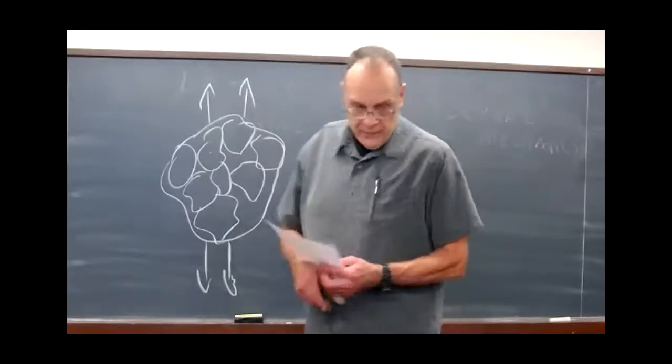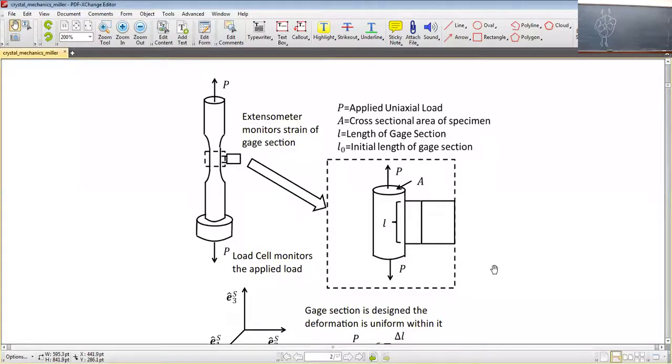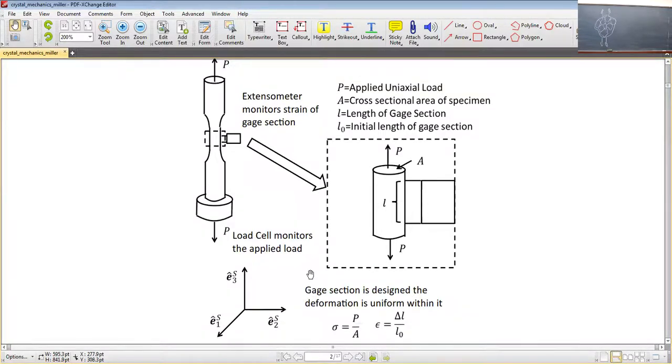So if we look at a conventional experiment, let's go take a quick look at a uniaxial experiment. So we see the tensile sample with an extensometer mounted on it, and that little extensometer basically measures the difference between 2 points on the sample, and then the electronics calculates a strain.